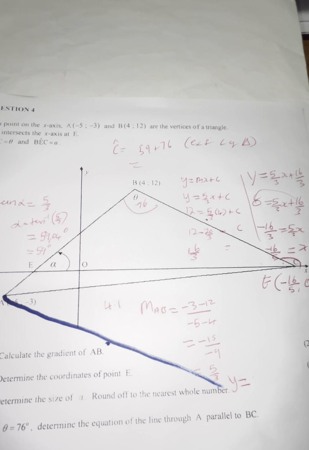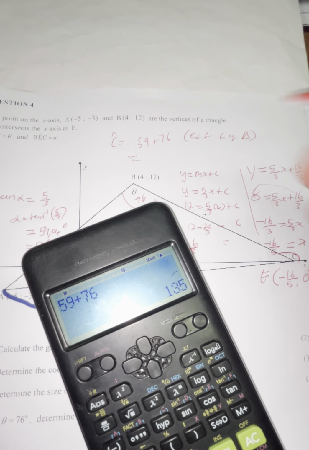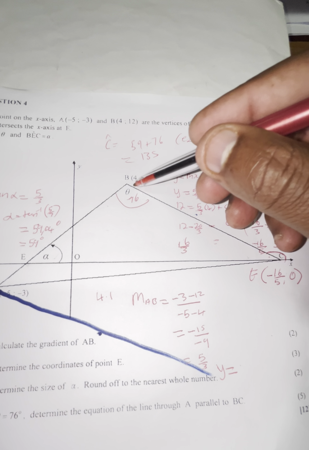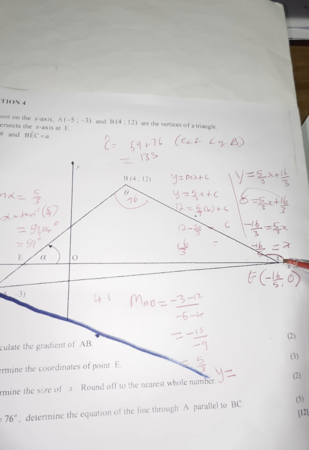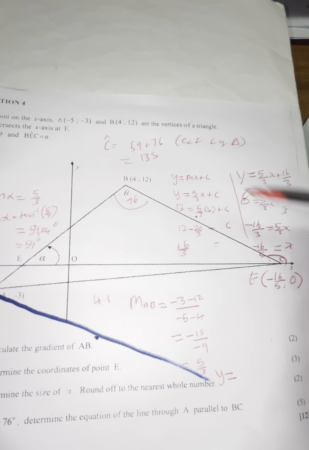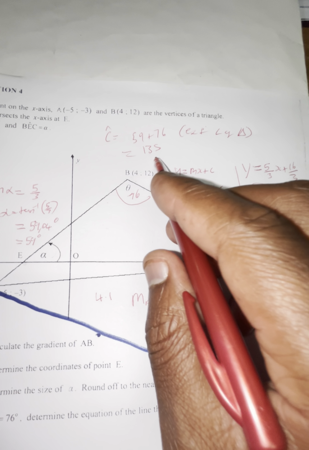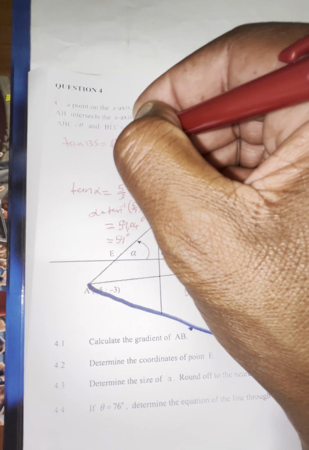And then 59 plus 76, I'm using a calculator, it's 135. So now you can calculate the gradient of the line BC using this angle here, because this angle now is the angle of inclination of the line BC, okay? So from this point here, you're going to say tan 135 is equal to the gradient of the line BC.